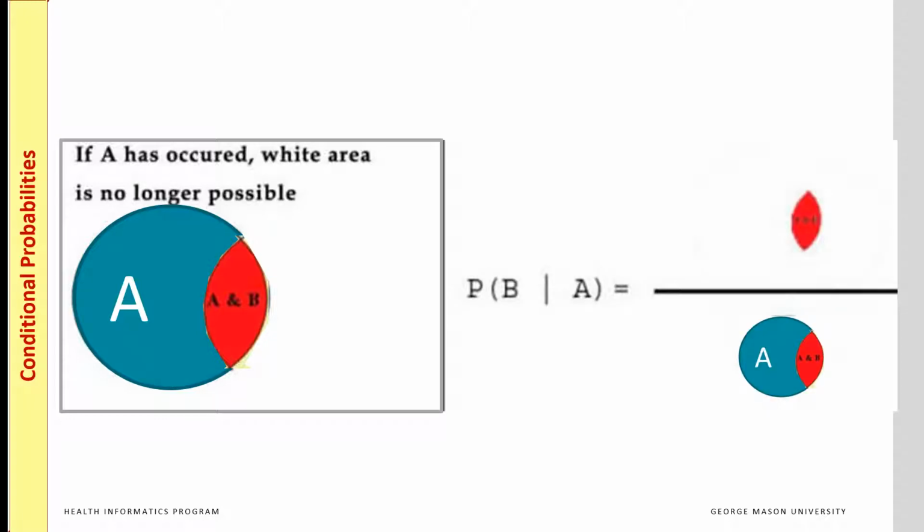Therefore, the probability of B given A is now calculated as the red area, where both A and B occur, divided by the reduced universe of possibility, which is the circular area of A. The point is that conditional probability is calculated using a reduced universe of possibilities.